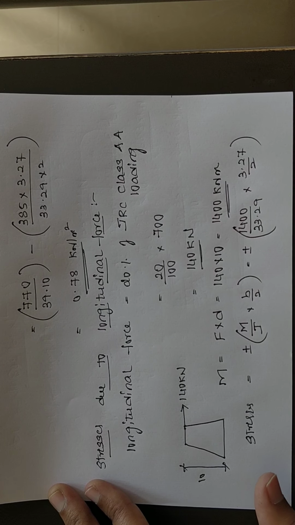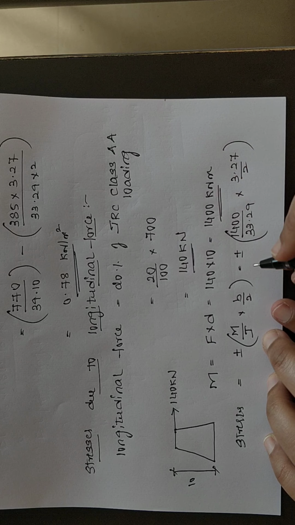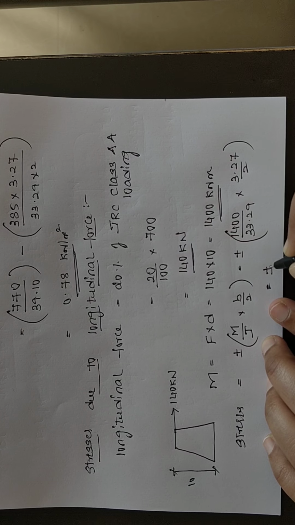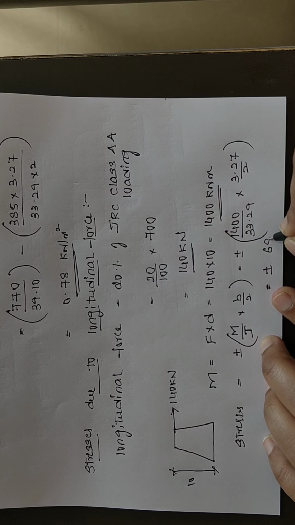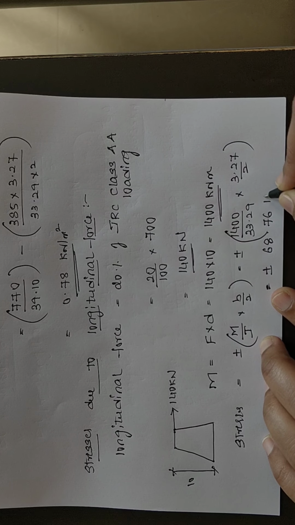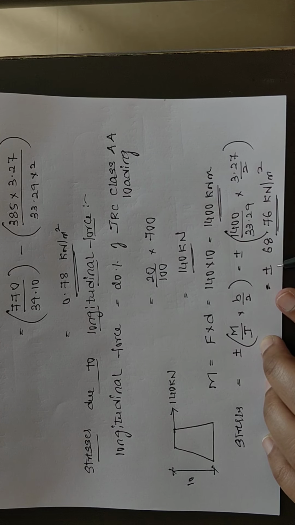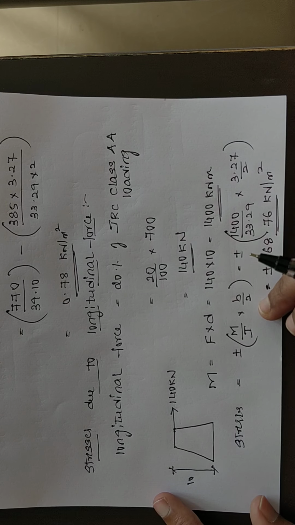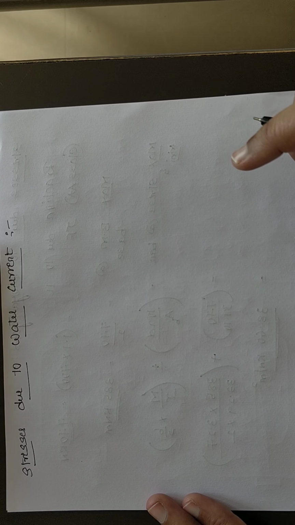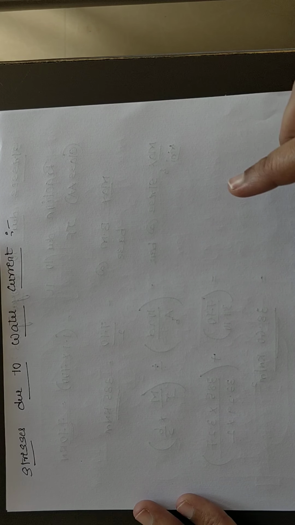Upon simplification you will get plus or minus 68.76 kilonewton per meter square. This is the stress due to longitudinal force.